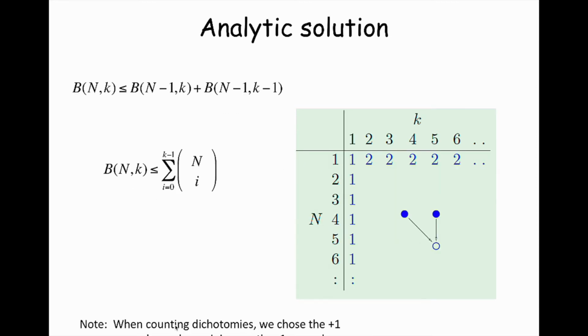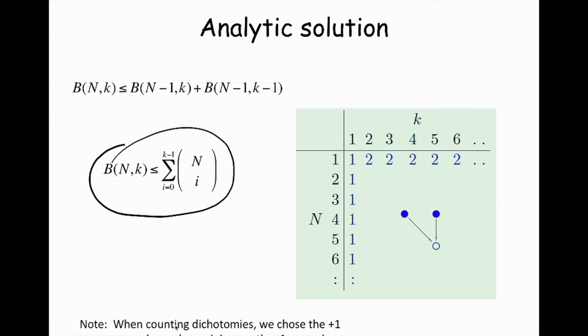All right, so let's take a look at an analytic solution. And what we're going to do for this analytic solution, well, there's the answer, right? And we're going to show how we get to that answer mathematically, okay?